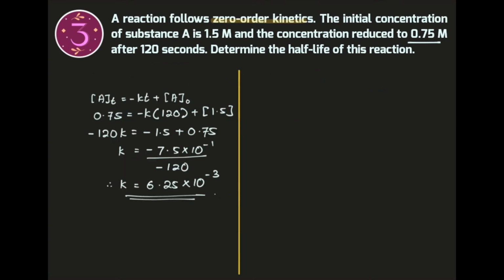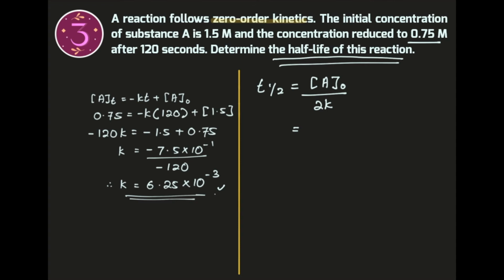Right. In the question, you were asked to calculate the half-life of this reaction. So for a zero order kinetics, the half-life is equivalent to the concentration of A naught, the initial concentration, divided by 2K. So you have already calculated the value of K, and you already know what is the initial concentration.